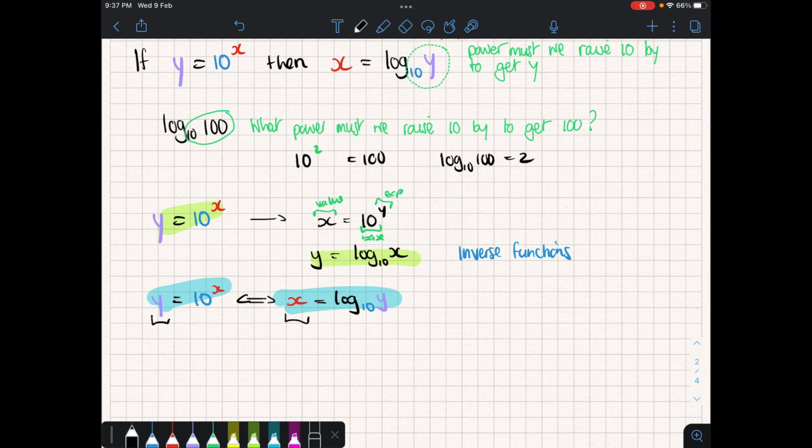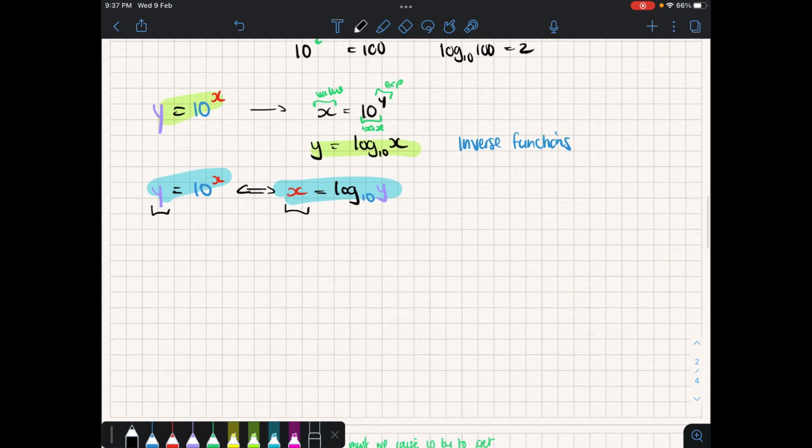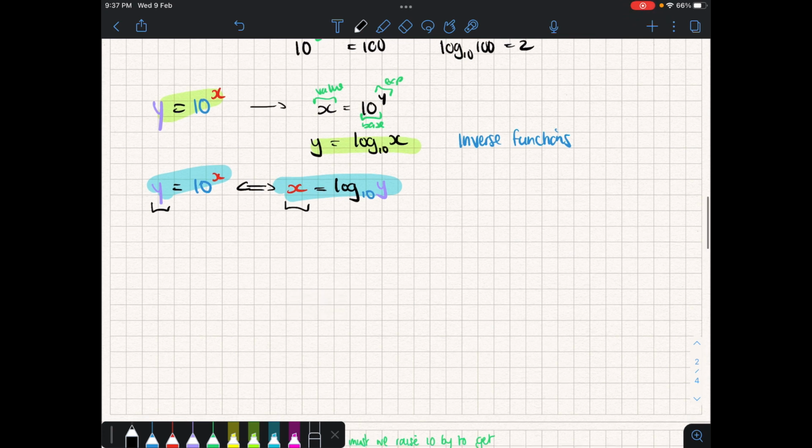Now, using that simple knowledge, we can come up with two very important log identities, tricks that we learn about logs that help us to simplify them later on. So we're going to start off with two simple logs. Let's have 10 to the power of x equal to 10 to the power of x.